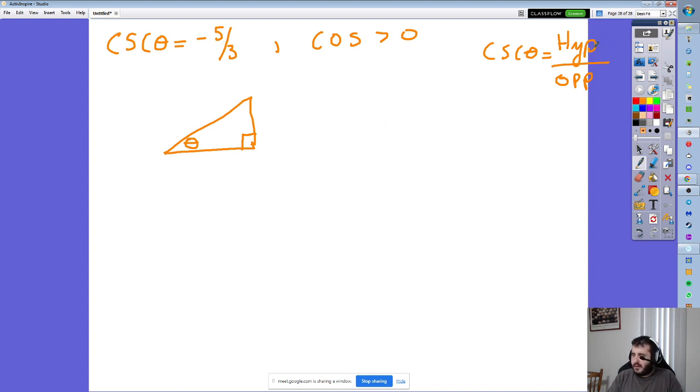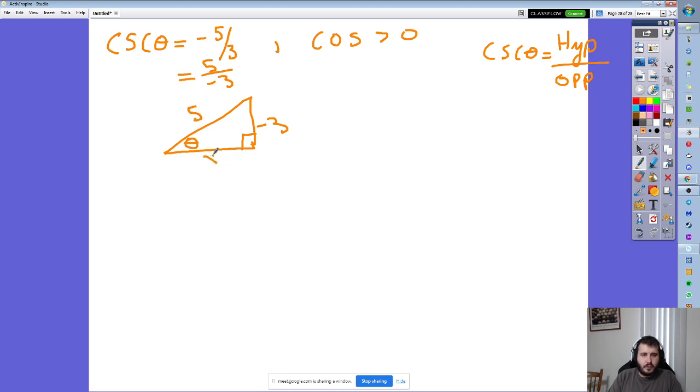Which one of these is not allowed to be negative? Is it the hypotenuse or the opposite? Hypotenuse is not allowed to be negative, so that negative sign has to be where? On the bottom. Very good. So it will be very helpful for you to write it like that so that you know what's supposed to go where. Okay? So that goes there. That goes there.